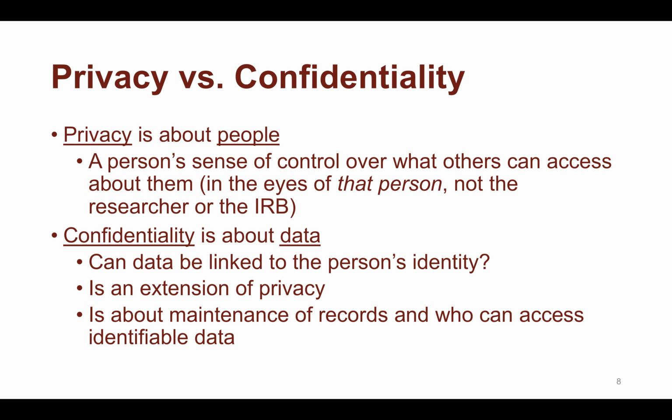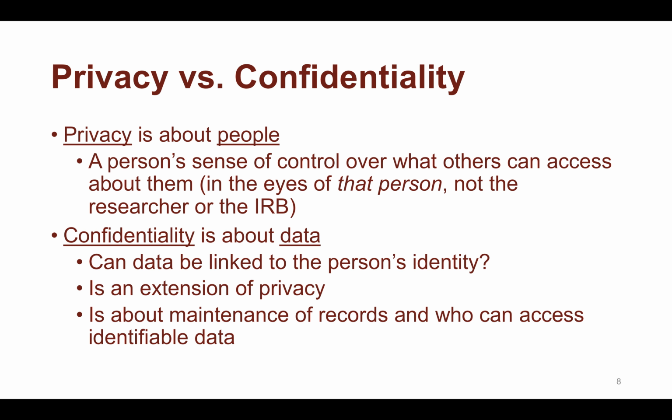So this involves making sure that if people may not want others to know that they're in a study, there's privacy about their coming to and from the study site. If they have to change clothes or put on a device or something like that, that they can do so in a private setting.